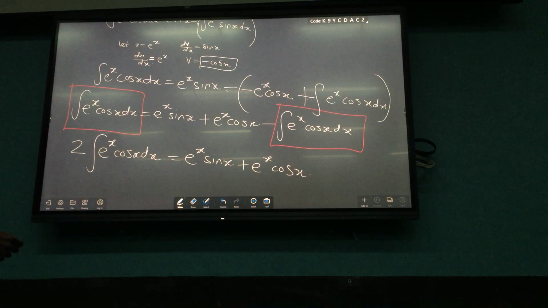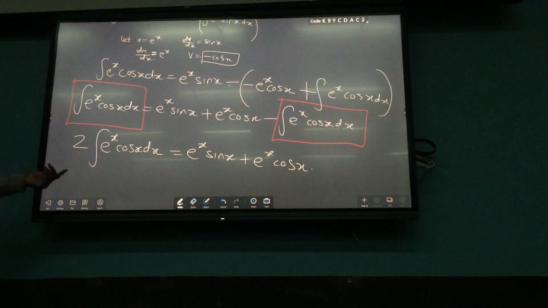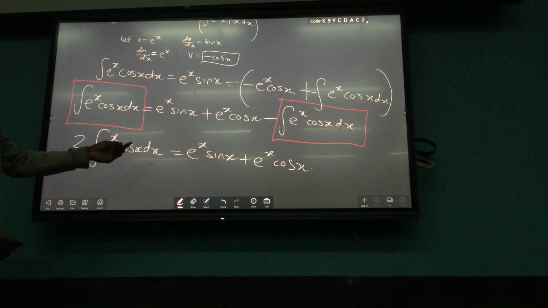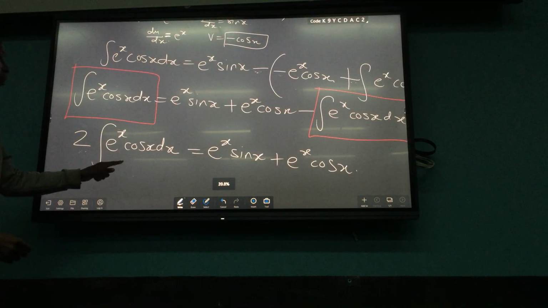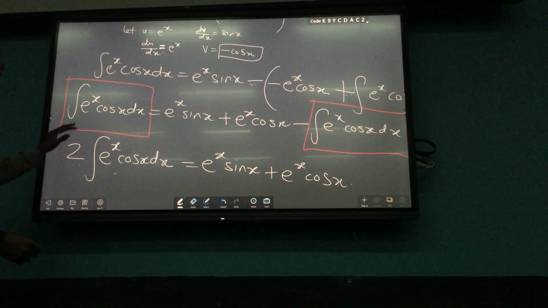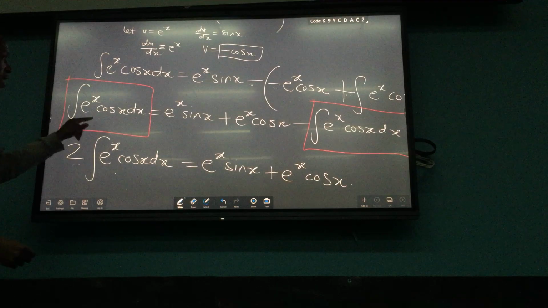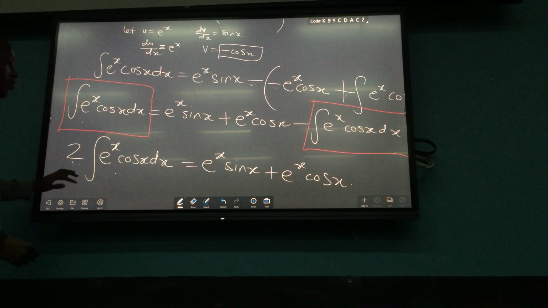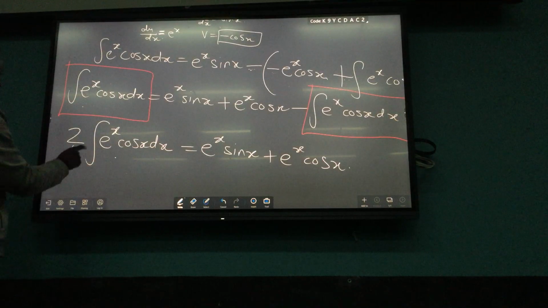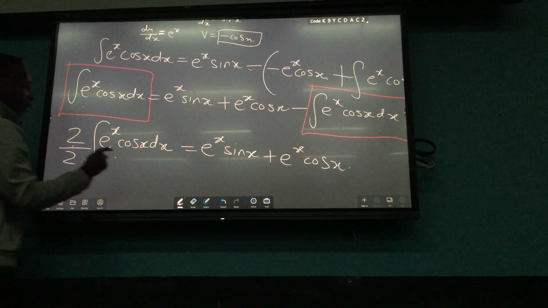Now, we will say, okay, this solution is not complete because remember, we were not asked for two integrals. We were asked for the integral of e to the x cos x dx, not two of these integrals. So what do we need to do with this 2? We need to divide both sides by 2.